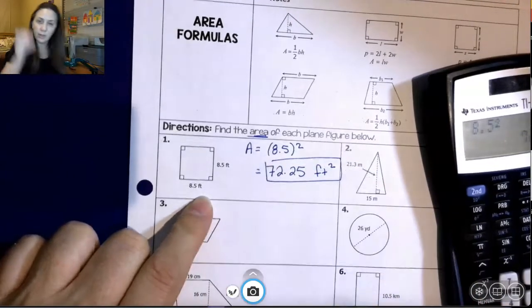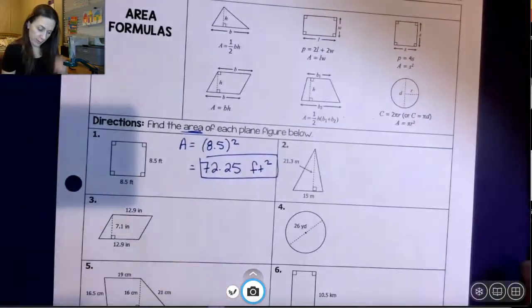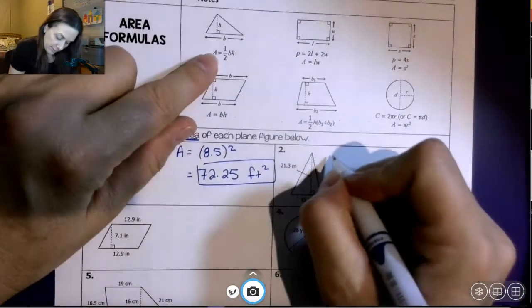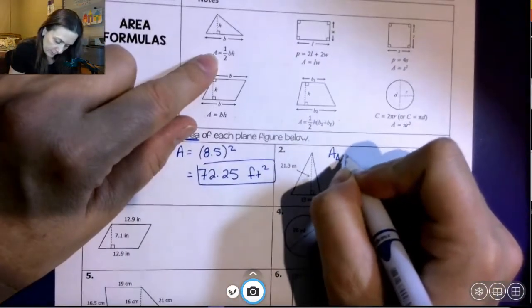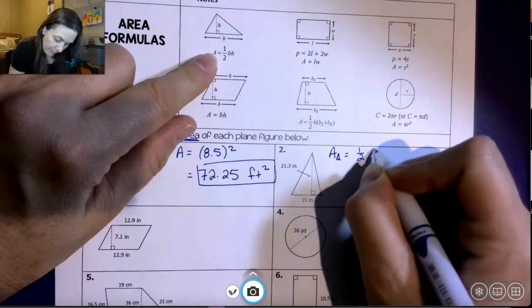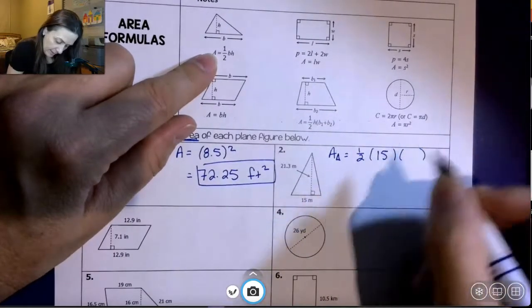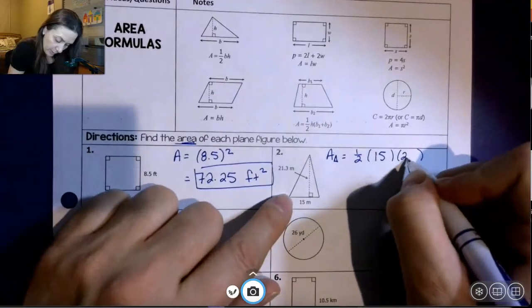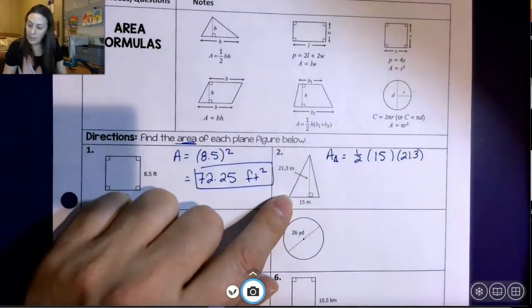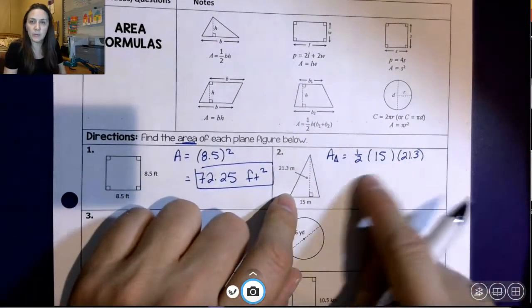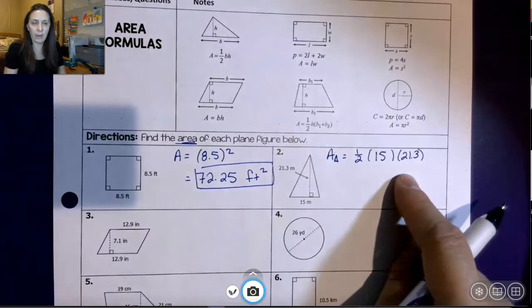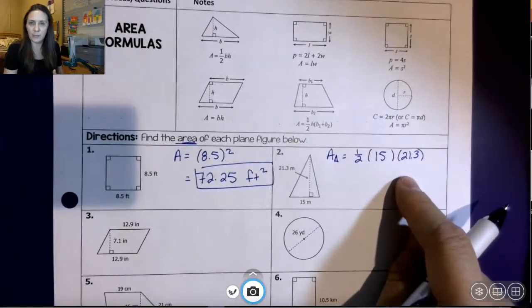Here we go. Okay, for a triangle over here, area of a triangle is equal to 1/2 base times height. The base here is 15. The height here is 21.3. Now, if one of these were even, I would take half of that right away. I try to do as much in my head as possible.